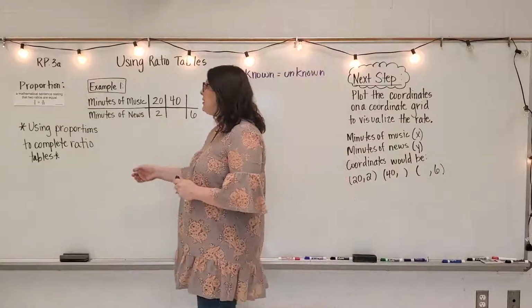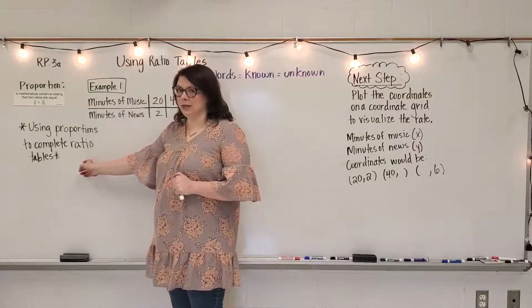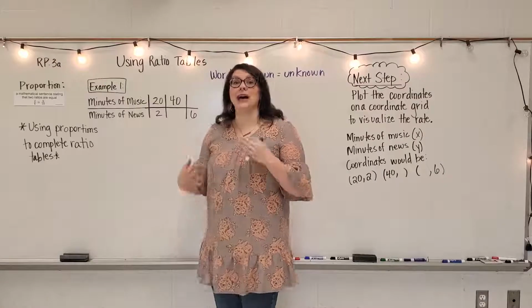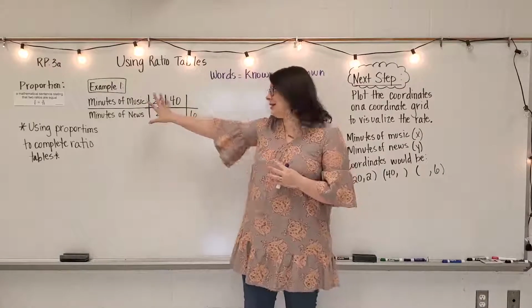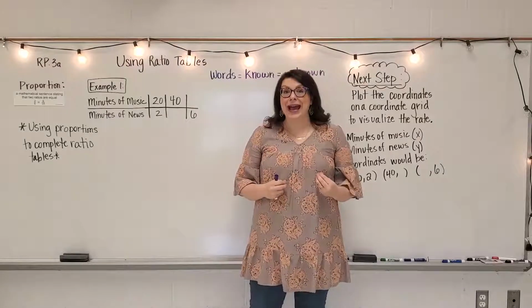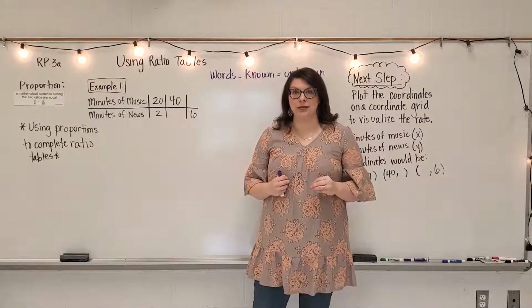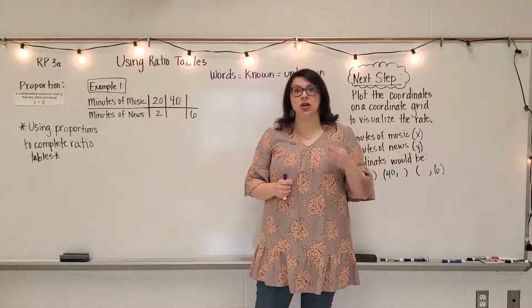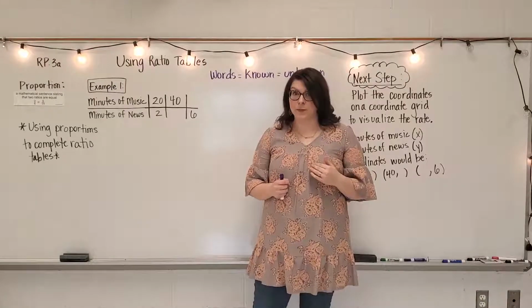We're going to be using those proportions to solve our ratio tables today, and I'm going to talk to you about how we can utilize these tables to actually put our data on a graph through the coordinate plane to be able to see the change in the rate along the way, okay?